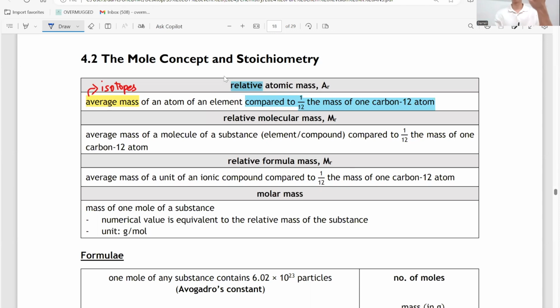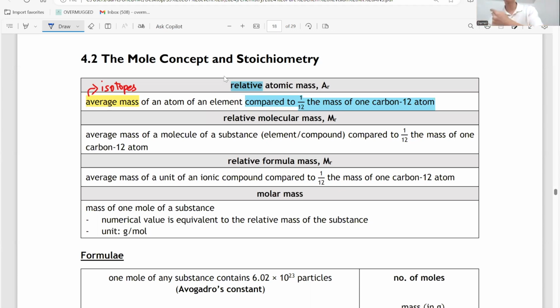Because it contains 6 protons and 6 neutrons. So we say a carbon has a mass of 12. Now, if carbon has a mass of 12, what is 1 unit of mass? We simply take a carbon 12 and divide it by 12. So when we say magnesium's mass is 24, it means that magnesium is twice as heavy as a carbon 12, because magnesium is 24, carbon is 12.